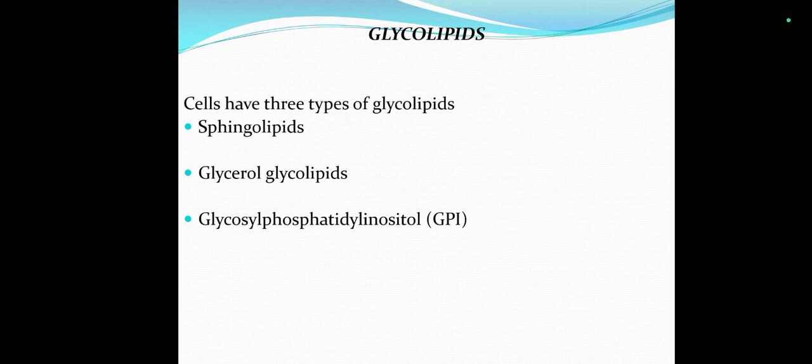Glycolipids are also present in the cell membrane. There are three types of glycolipids: the sphingoglycolipids, glycerol glycolipids, and glycosyl phosphatidyl inositol. These glycolipids are important in cell signaling pathways.